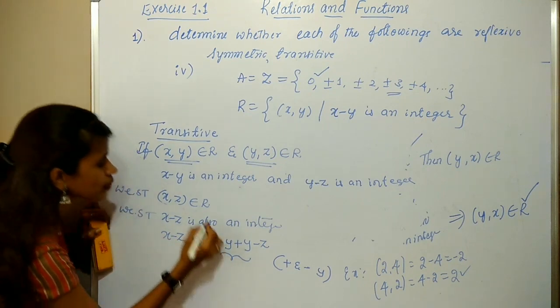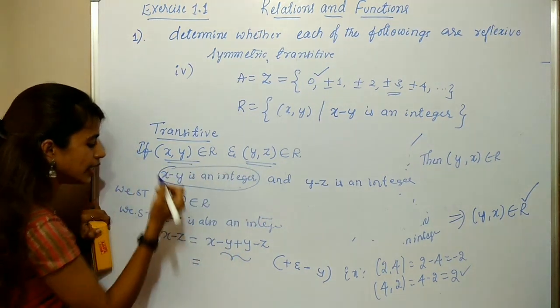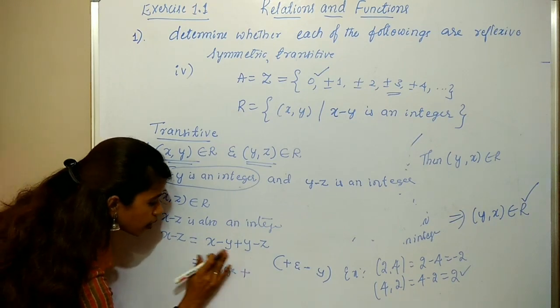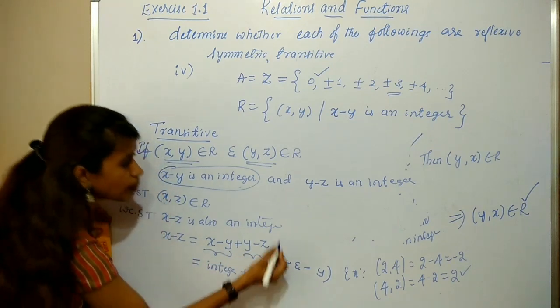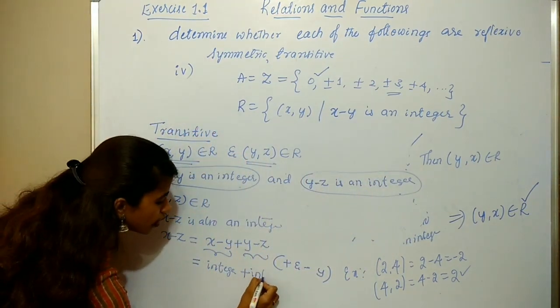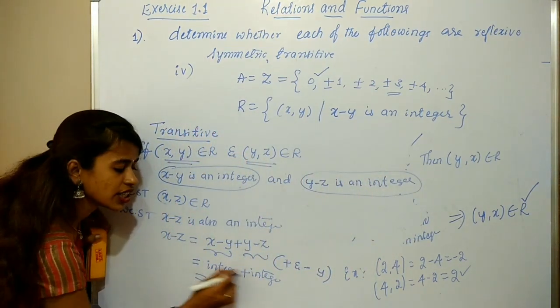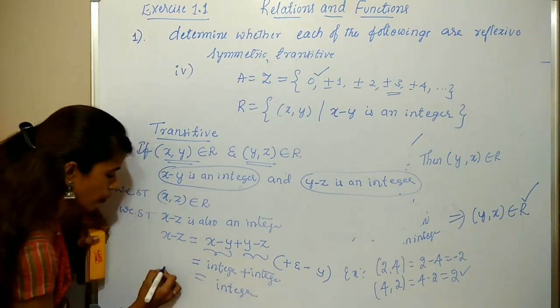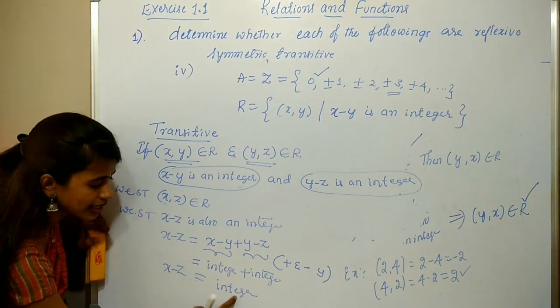What is x minus y? It is an integer. Plus, what is y minus z? Y minus z is also an integer. We know that addition of two integers is again an integer. So, we get x minus z is an integer.